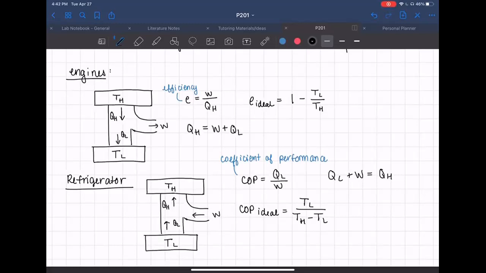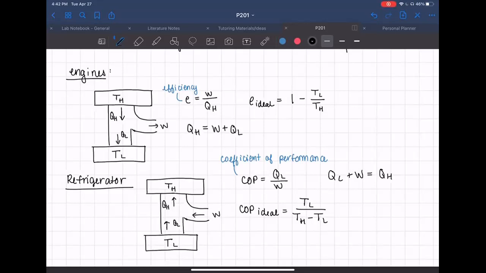But for refrigerators, instead of efficiency, we describe a coefficient of performance, which they typically call COP in all capitals. That would be the proportion of the cool heat, or the low heat, divided by the work. And then in the ideal case, we can write that in terms of the temperatures.